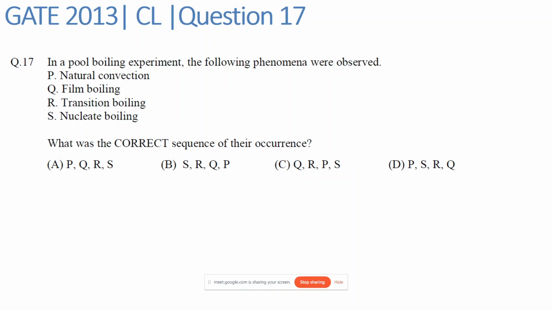In the second question, we have been given that in a pool boiling experiment, the following phenomena were observed. The first one is natural convection, film boiling, transition boiling, and the last one is nucleate boiling. What is the correct sequence of their occurrence? We have to select the option on the basis of the sequence in which they occur.